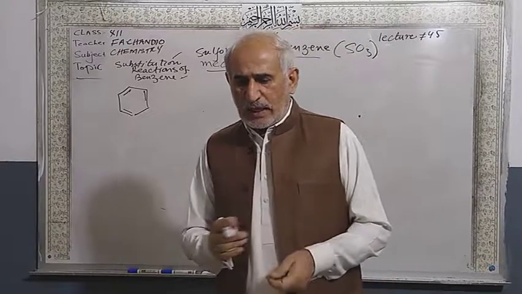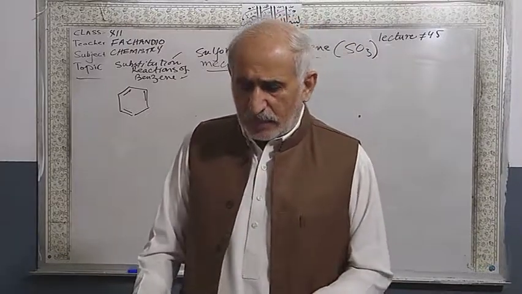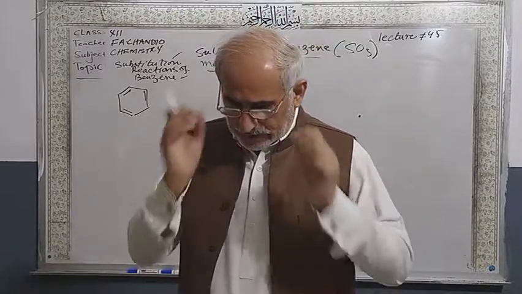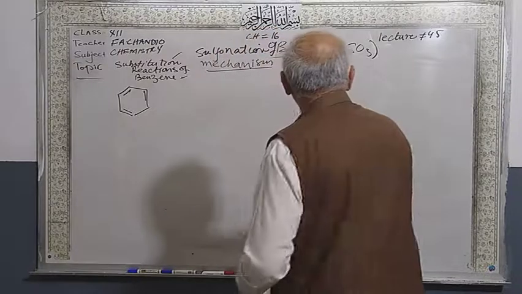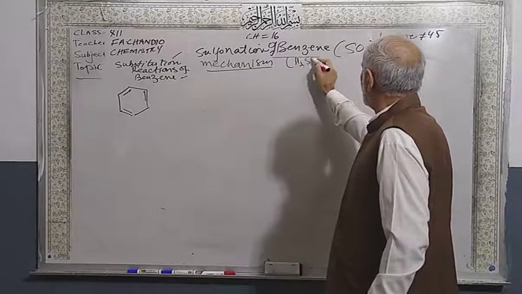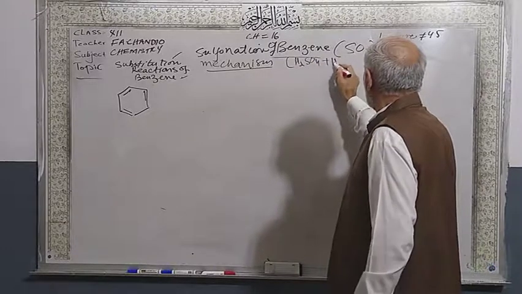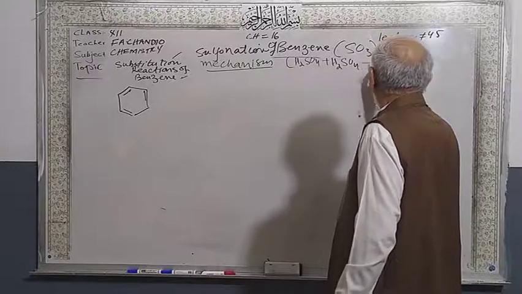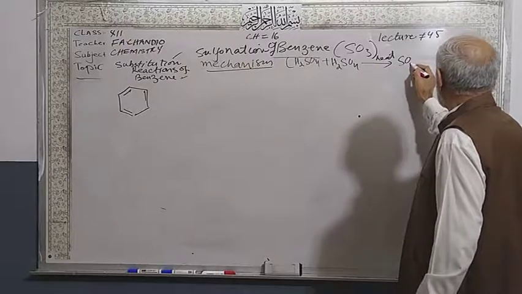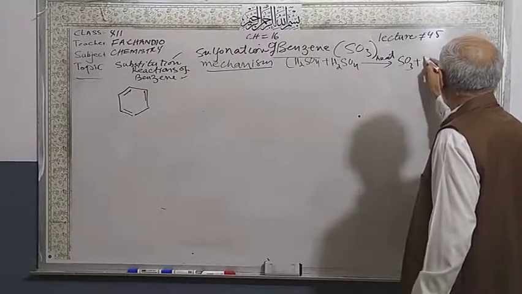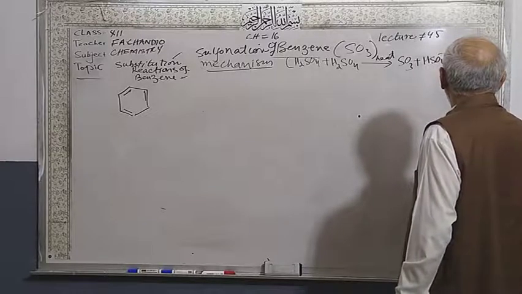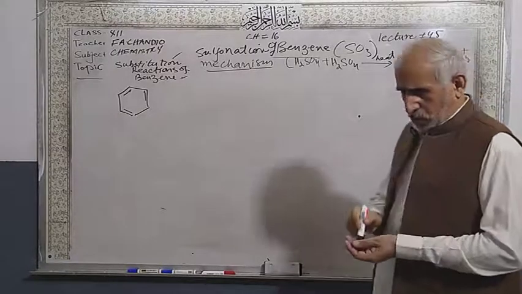A strong electrophile is going to be generated by the addition of two molecules of sulfuric acid. Then you will get this electrophile, hydrogen sulfate plus hydronium ion.